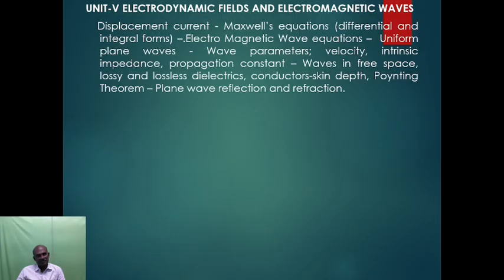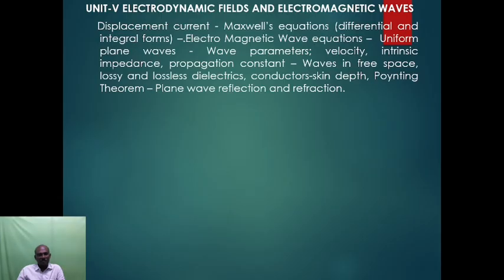In this manner, we analyze the electrodynamic fields, the electric field as a dynamic one, and also the propagation of waves, the electromagnetic wave, because the wave is due to electric as well as magnetic fields, and the properties of electromagnetic waves, the various physical parameters involved in determining the electromagnetic wave parameters.